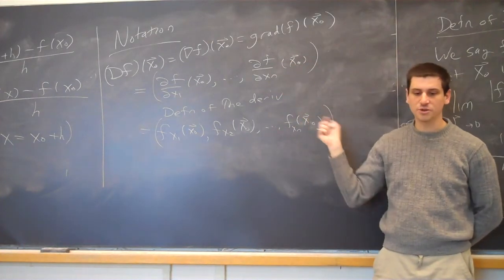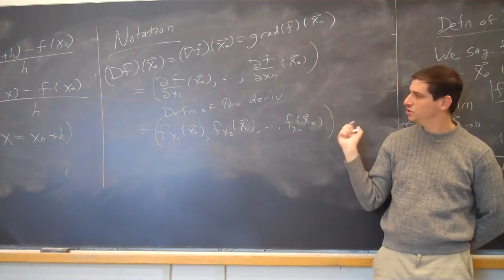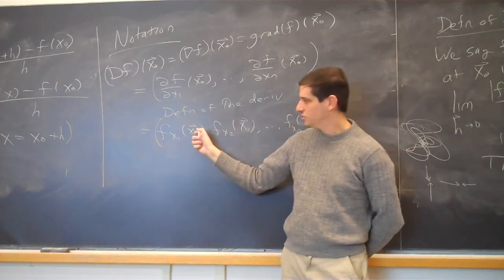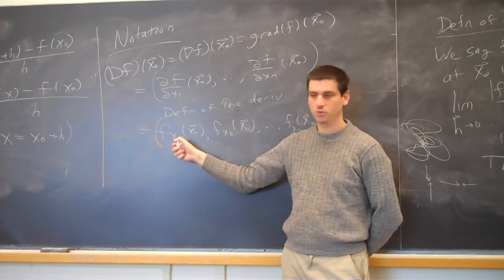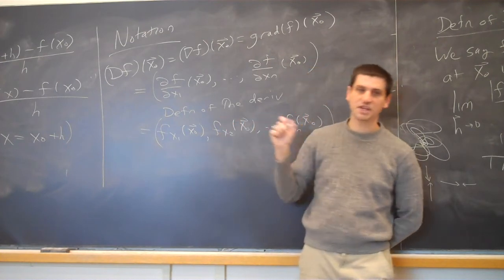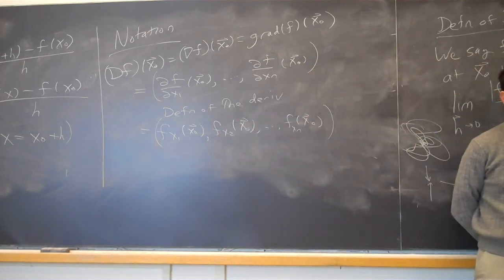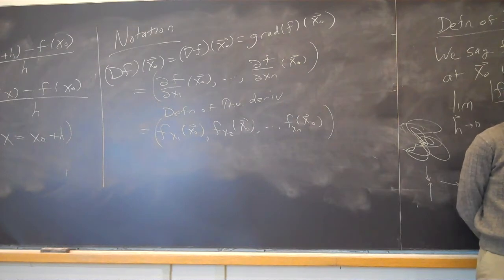And so we're using the subscripts to denote the fact that we're taking the derivative at the point x naught with respect to the first variable, the variable x1, the derivative at x naught with respect to the second variable, x2, and so on, and so on. And this is just really good notation. It allows you to quickly glance down and see what is the variable that's being allowed to change.